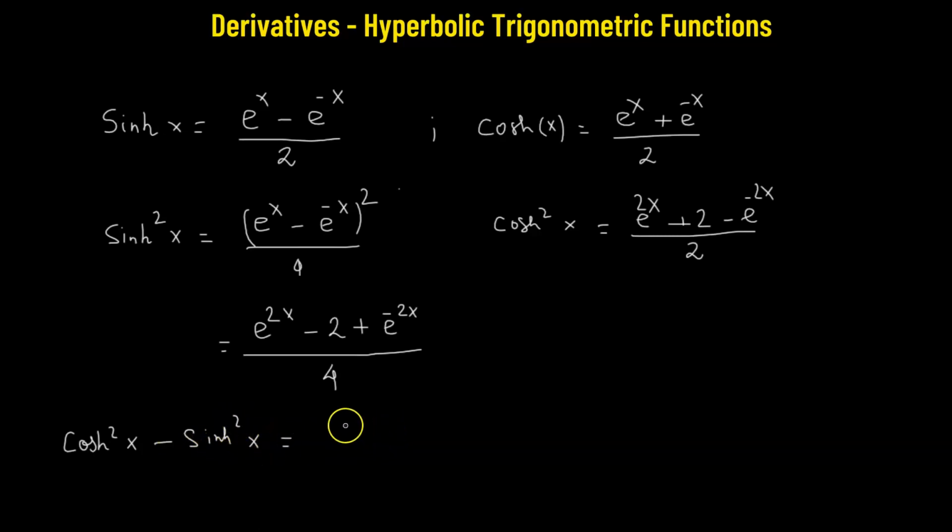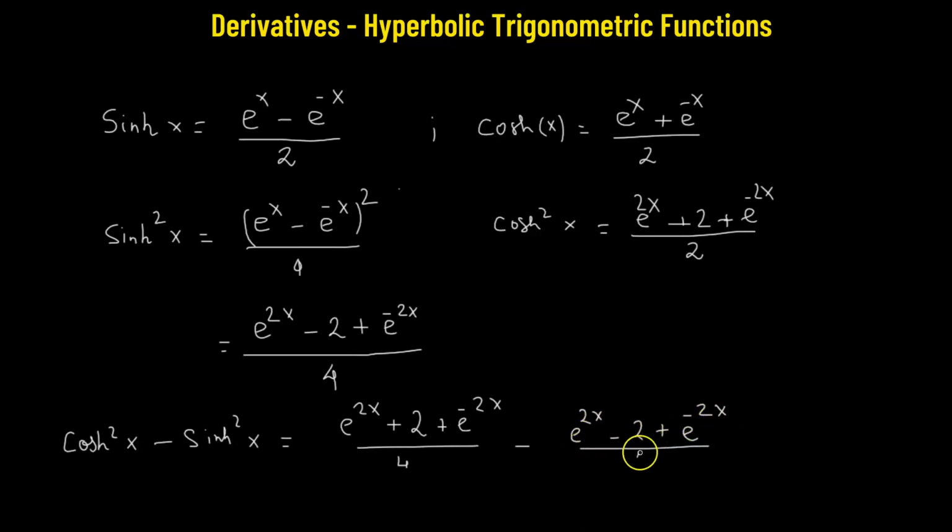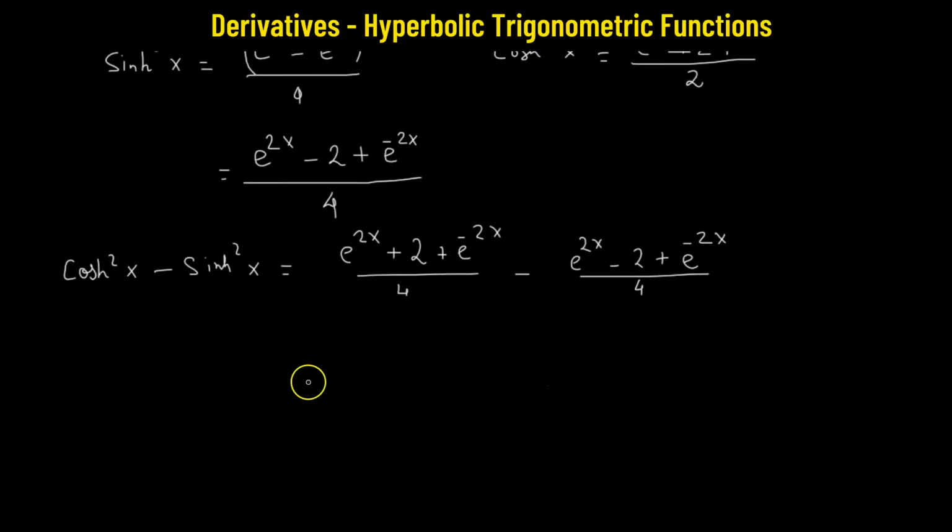So for the cosine, we have e raised to the power of 2x plus 2 plus e raised to the power of negative 2x, divided by 4, minus the square of the hyperbolic sine function, which is e raised to the power of 2x, negative 2, plus e raised to the power of negative 2x, divided by 4. So let's combine them.